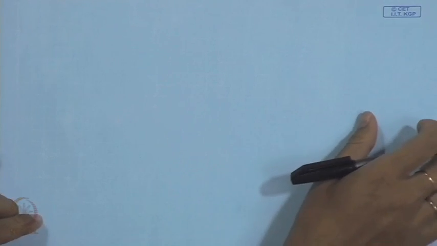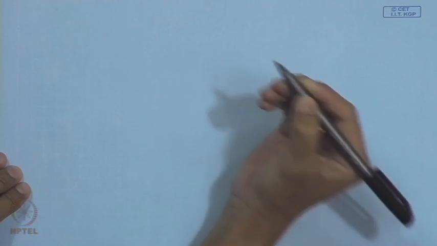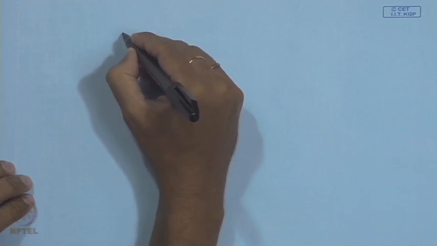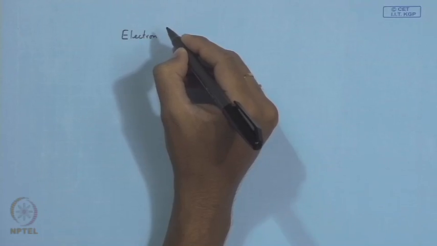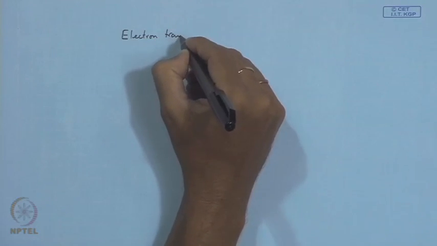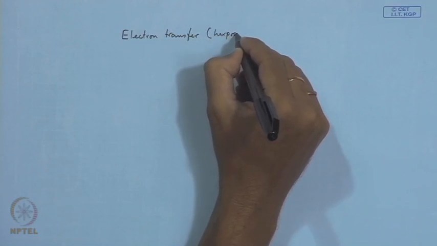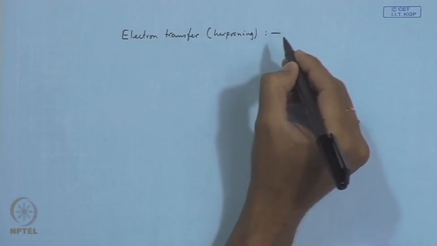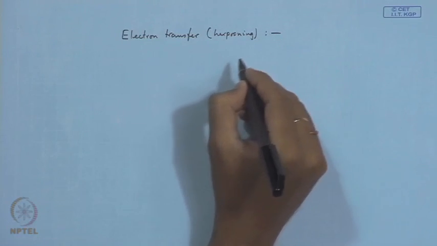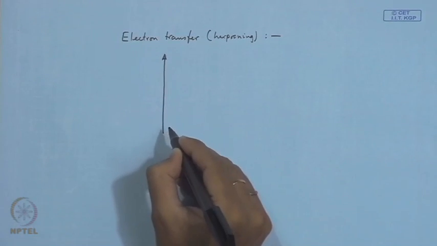Now, this electron transfer harpooning takes place under the condition, let us try to look into. So, electron transfer harpooning. This takes place under the situation that, let us look into the potential energy diagram. Okay.